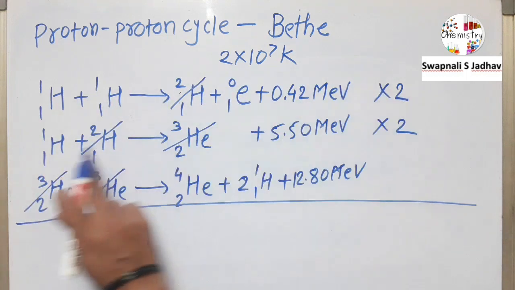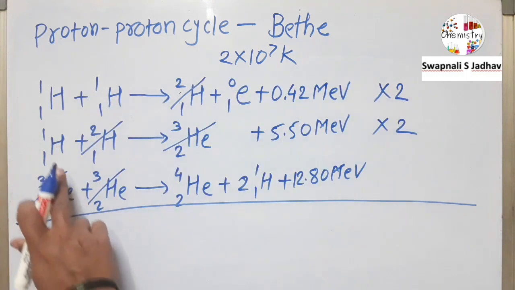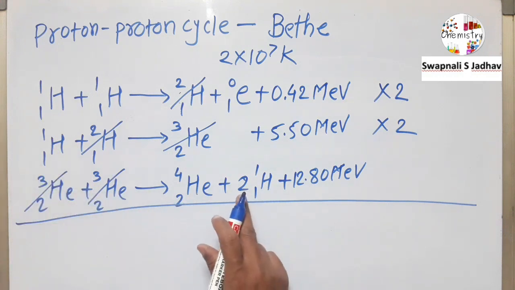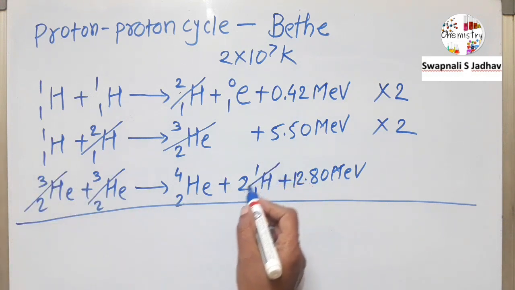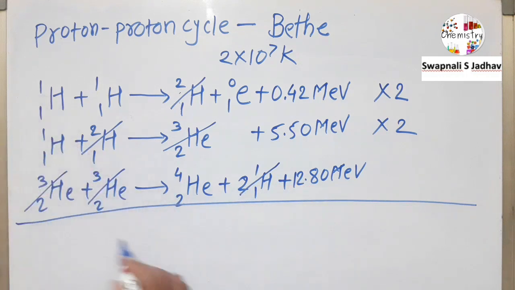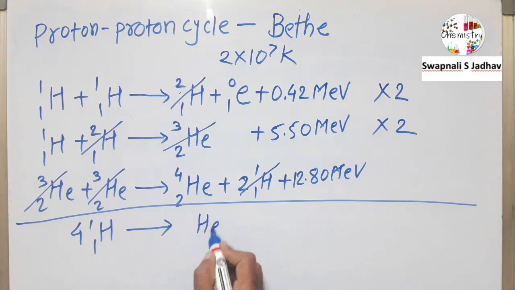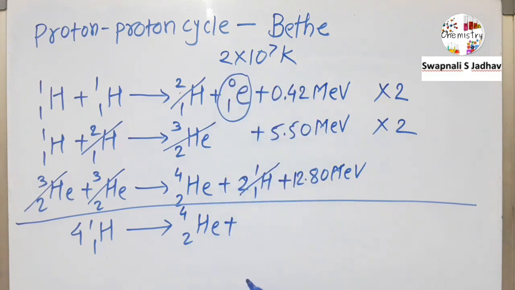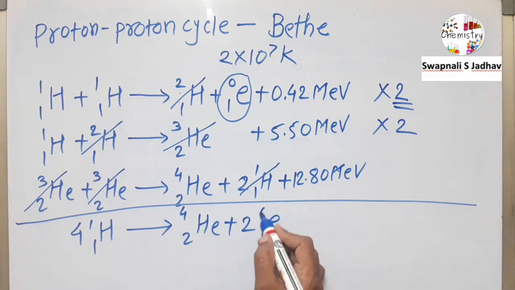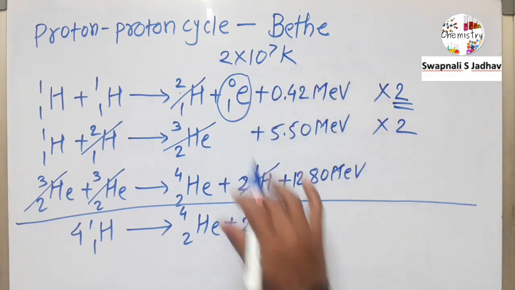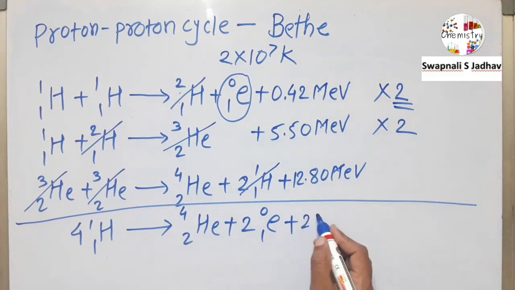Here 2 into 2 is 4, 2 means 6, but here how many liberate? 2 protons are liberated, so they also cancelled. From here 6, remember how many proton? 4 proton, 4H11, it gives He24 plus positron. How many positron? Into 2. Therefore 2 positron plus, and overall this energy how many becomes?